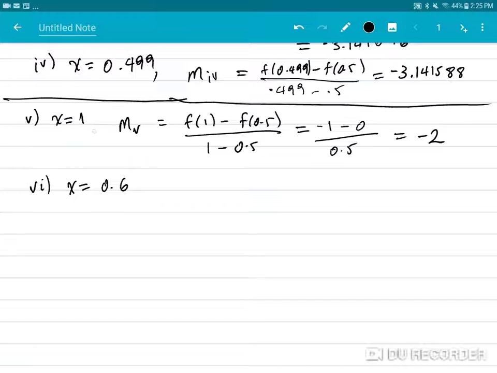So M at 0.6 is f of 0.6 minus 0 over 0.6 minus 0.5. This is minus 3.0901699.